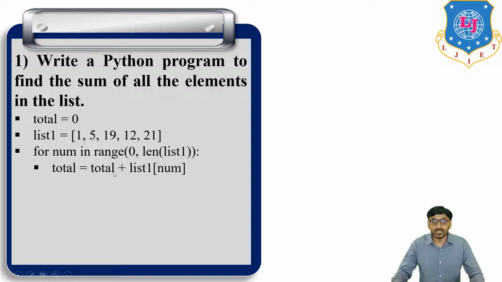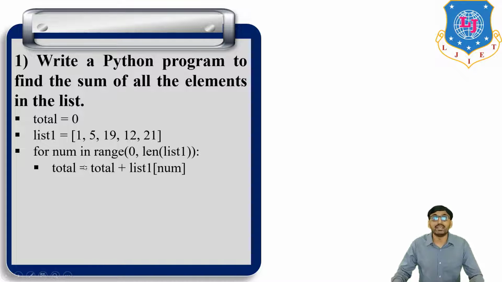So total is equal to 0 plus list1[number]. Now the first element of list1 is 1. So 0 plus 1 means 1. So at the end of the first iteration in the loop, total is equal to 1.